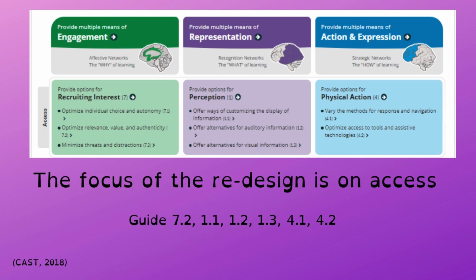Offer ways of customizing the display of information, offer alternatives for the auditory information, and offer alternatives for the visual information. Then it will also improve on action and expression. In 4.1, we will vary the methods for response and navigation and optimize access to tools and assistive technology.